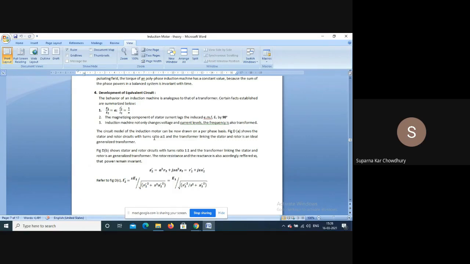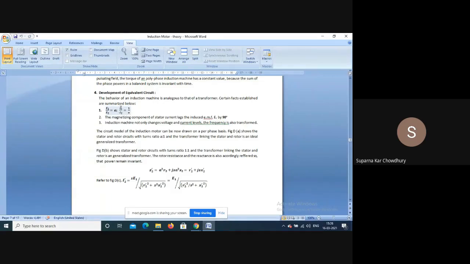noticed certain things, that is E1 by E2, the turns ratio, is A, where A is the effective number of turns of stator by the effective number of turns of rotor, that is, winding factor into turns for the stator and the rotor winding factor into turns for the fundamental.